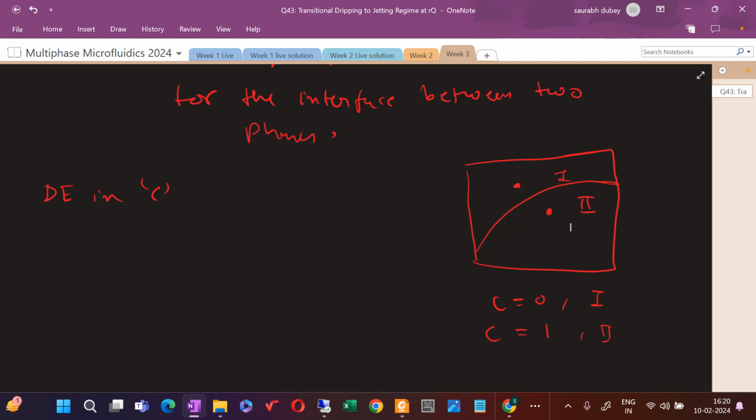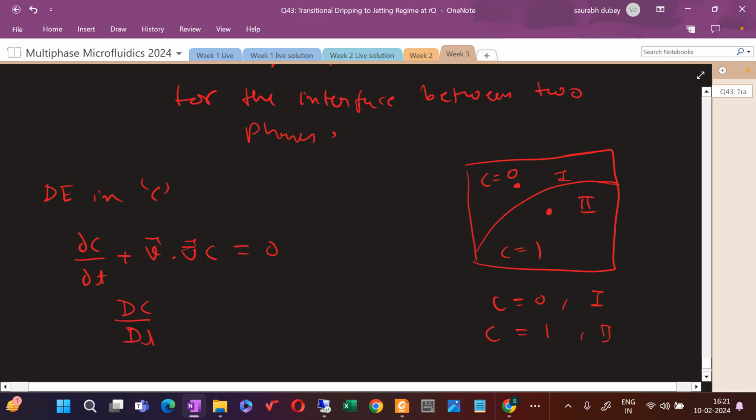And this, if you see, then what equation? So this is the different equation that I was talking about. This is the C0 situation, this is the C1 situation, and you are actually solving another phase equation that will take care of the phase. So substantial derivative of C is 0.